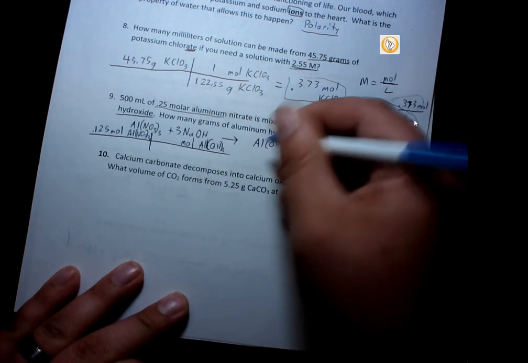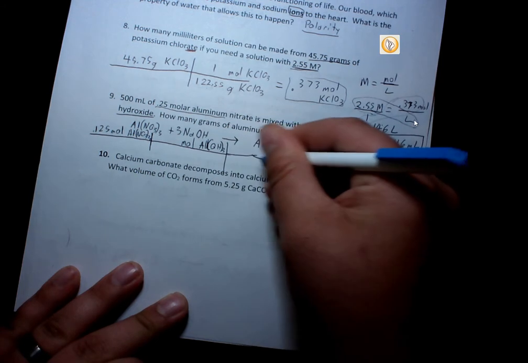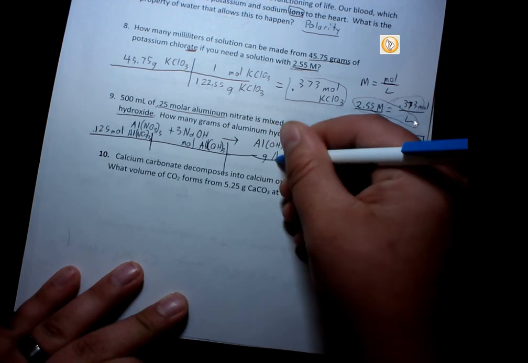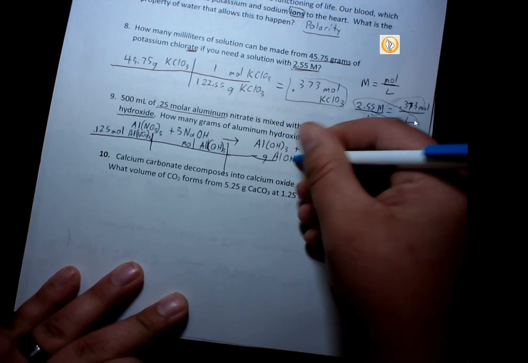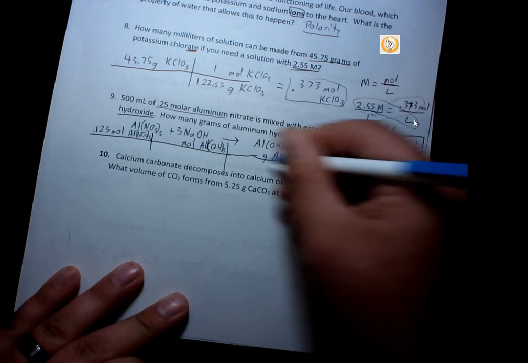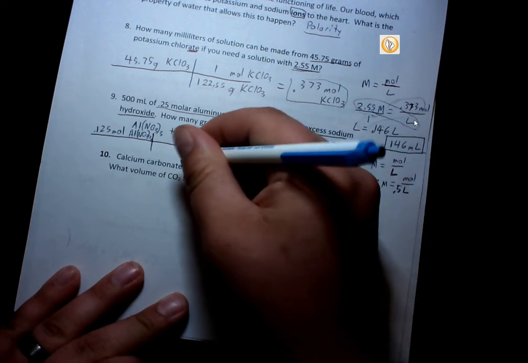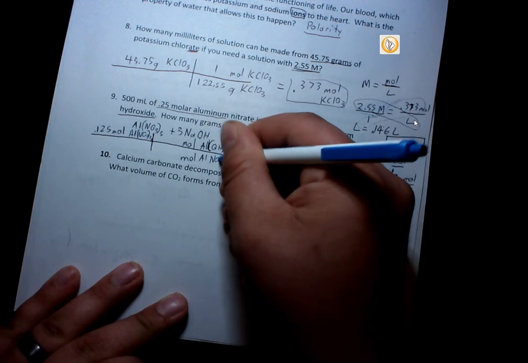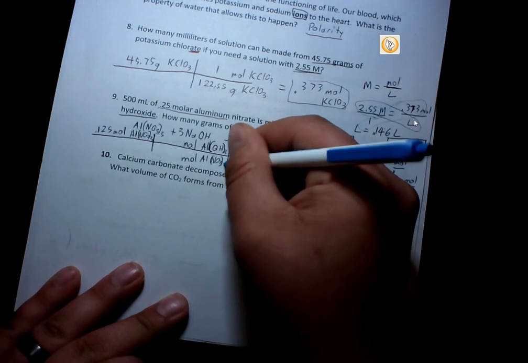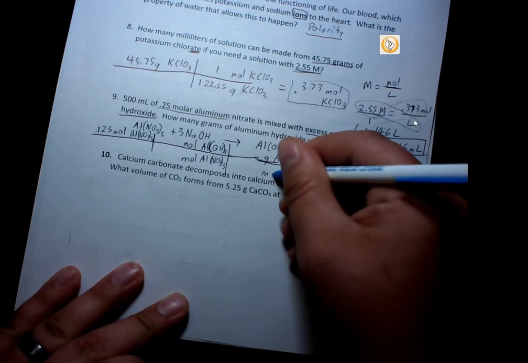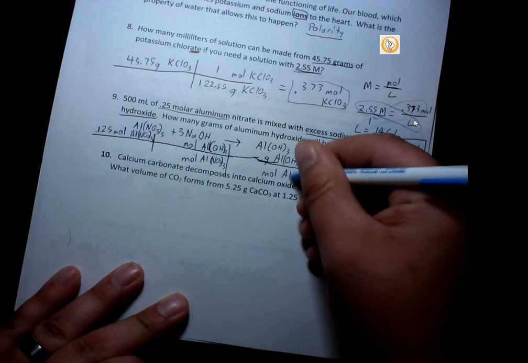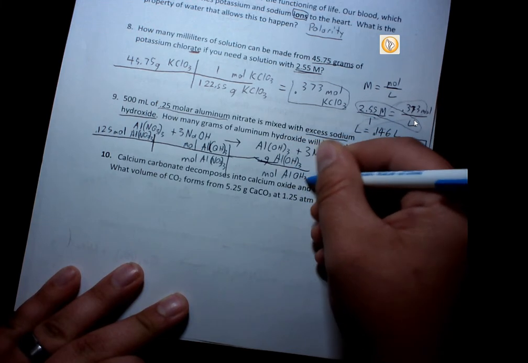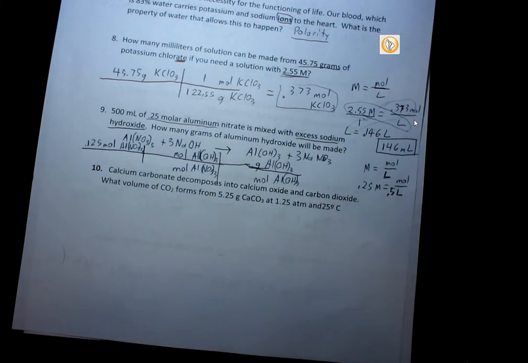And we finally want that at grams Al(OH)3. Bring down your units. And we can start to fill in.